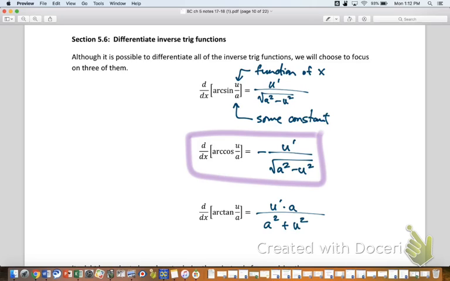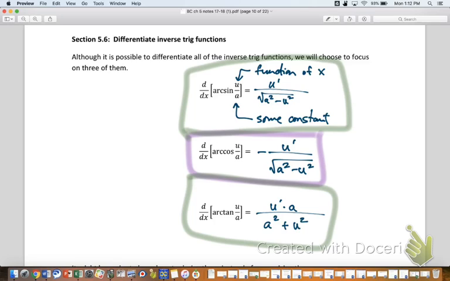You can obviously switch the order with addition. Those are these two right here, the ones that have not been circled in purple. The ones that have been circled in a lovely green color, those are your most frequently used inverse trig function derivatives.